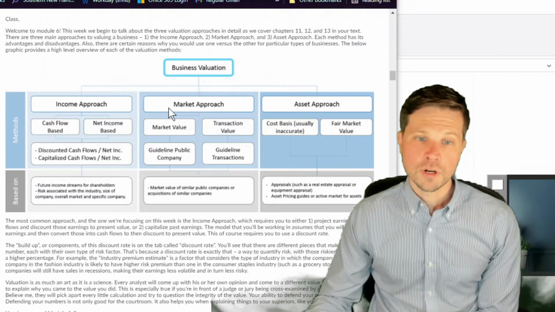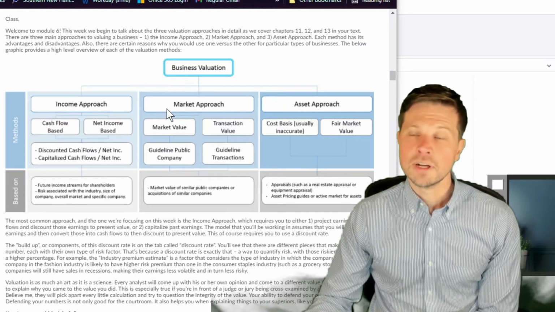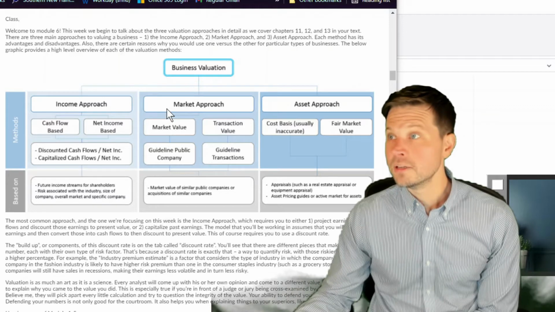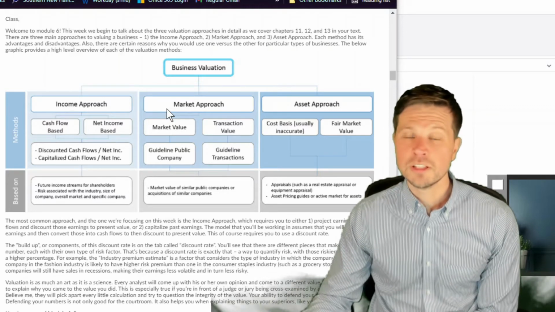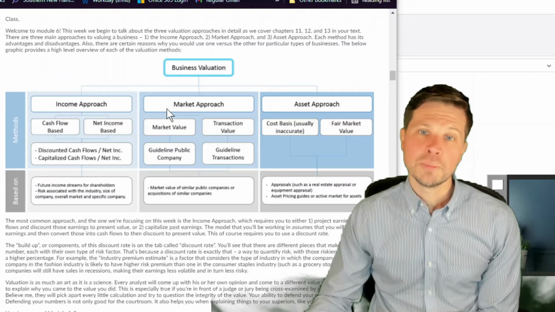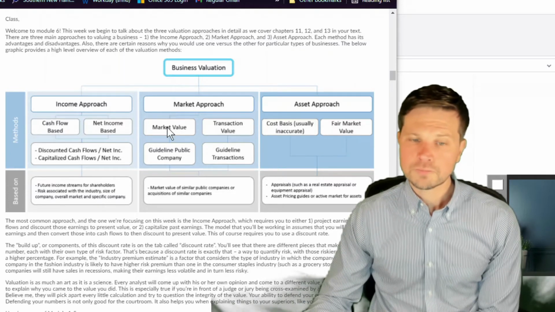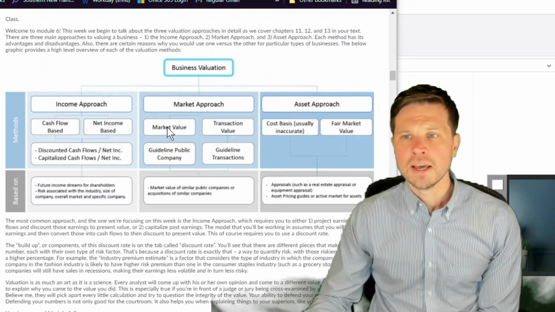Now, the market approach. Essentially with the market approach, you're looking at either a transaction, another purchase of another company that's similar, or you're going to be looking at publicly traded companies that are similar, and there's market data for those. So there are companies out there that publish this data.